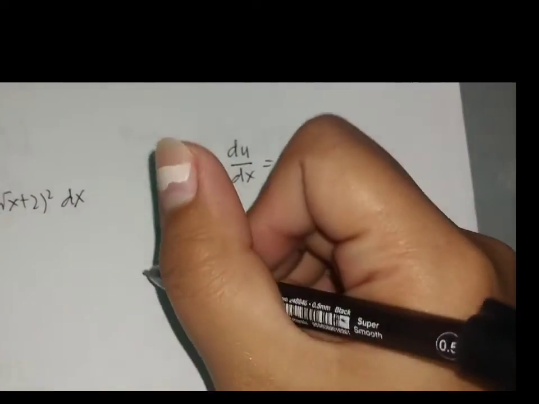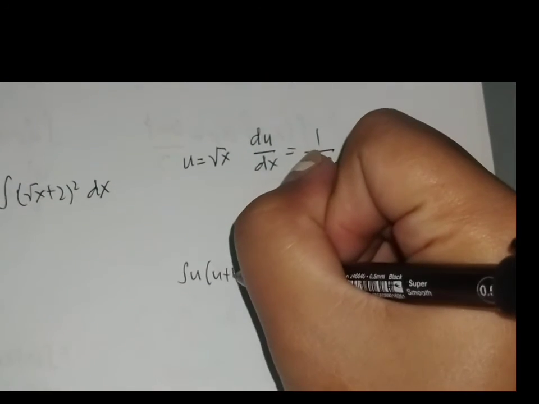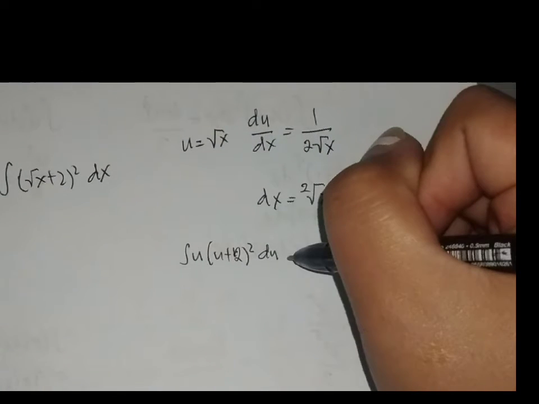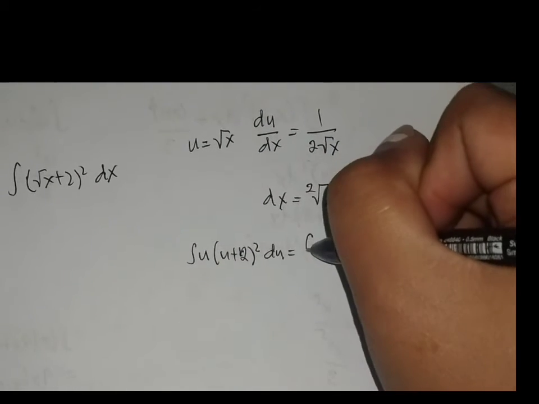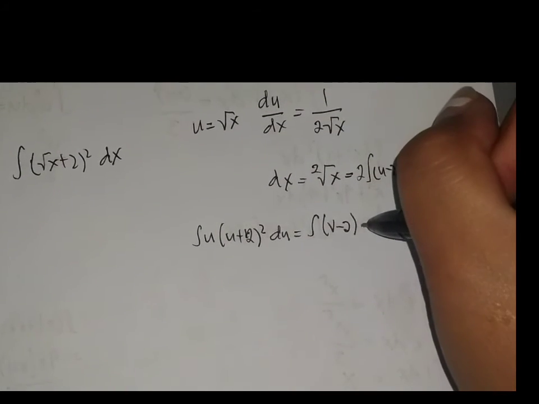Now solve for the integral of (u plus 2)^2 du. Substitute v equal to u plus 2, so dv over du equal to 1. So du is equal to dv. So the integral of u times (u plus 2)^2 du is equal to the integral of (v minus 2) v squared dv.